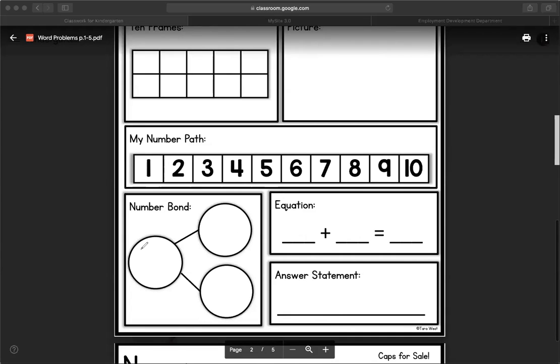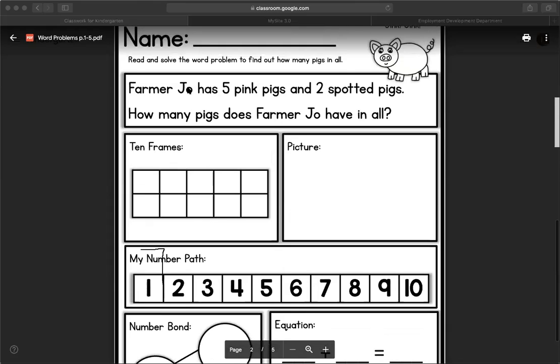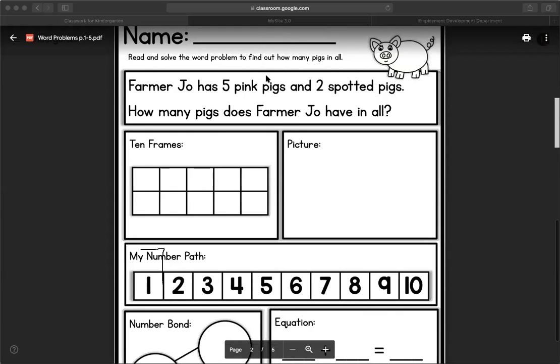So I'm going to put my answer in the middle one. And then I have 2 circles that are broken into parts. So I'm going to then put, because the equation said Joe has 5 pink pigs and 2 spotted pigs, I'm going to then write my 5 and my 2.